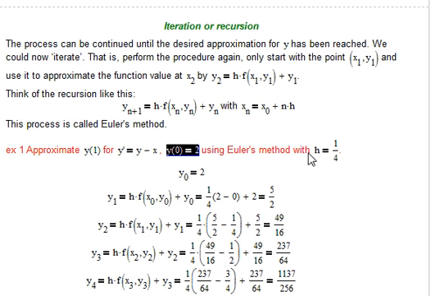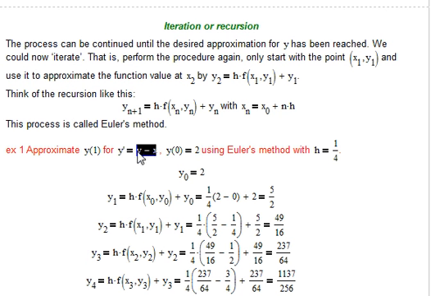And we're going to say let h, the amount that we bump x over by, equal 1/4. So our y1, our first predictor, is h, which is 1/4, times f of x sub 0, y sub 0. Well, this is x sub 0, this is y sub 0, and so f of that is y prime.